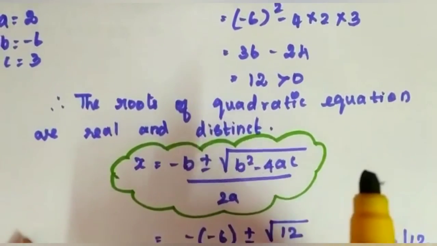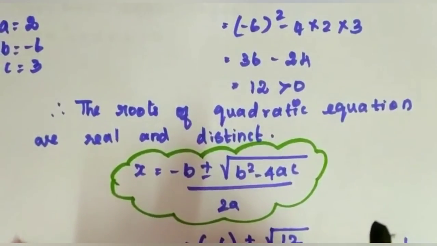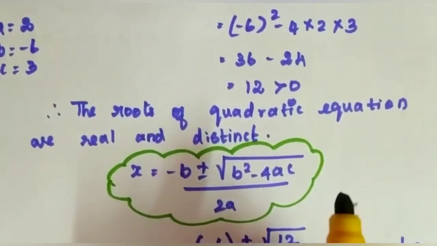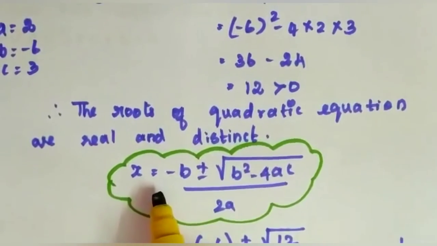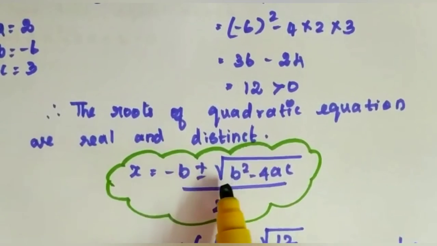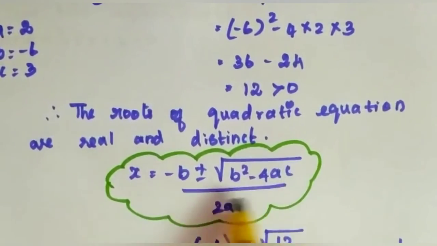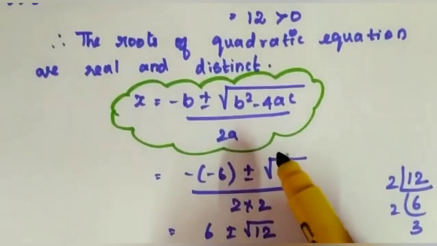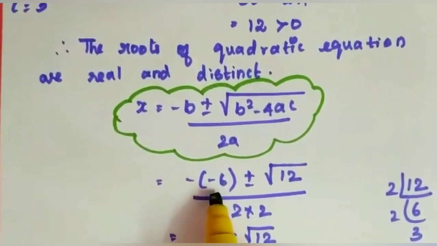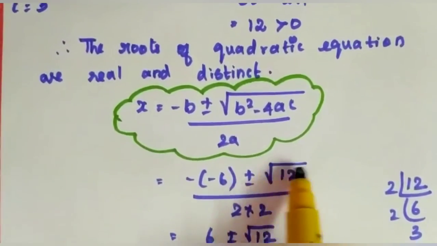Now we can find the value of x by using the quadratic formula. x is equal to minus b plus or minus root of b square minus 4ac divided by 2a. Apply all the values: minus of minus 6 plus or minus root 12.